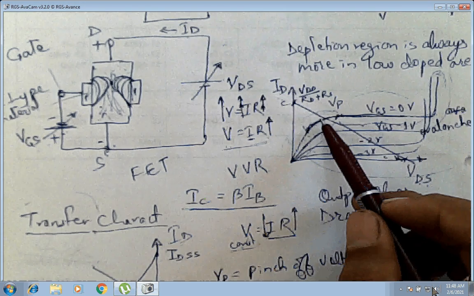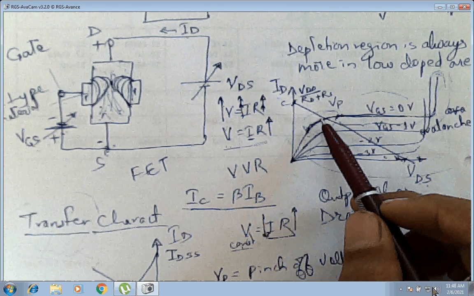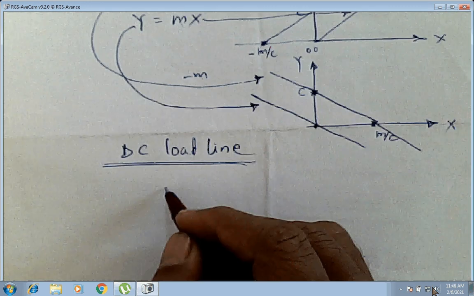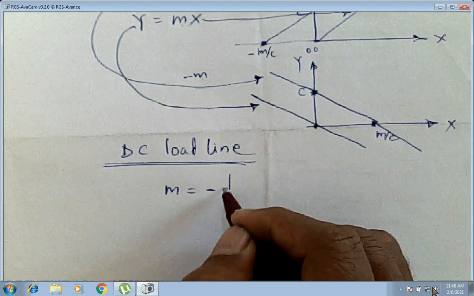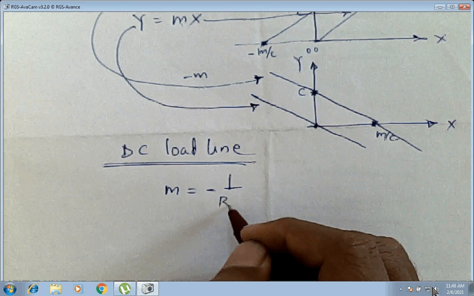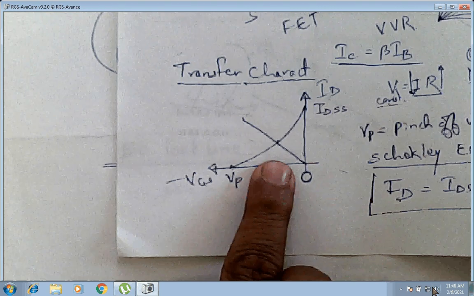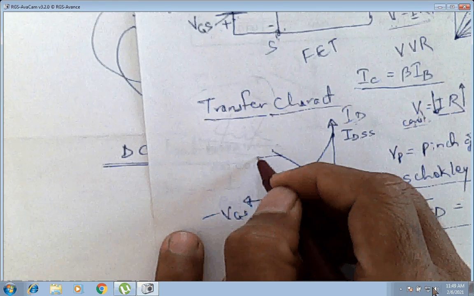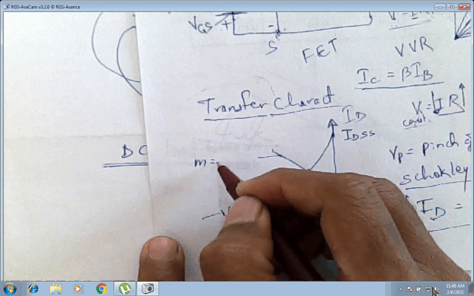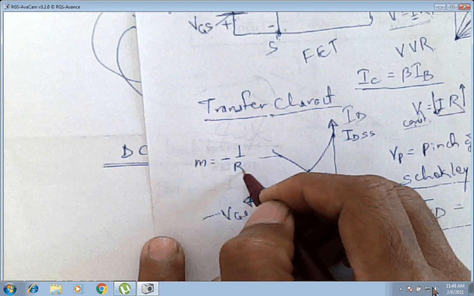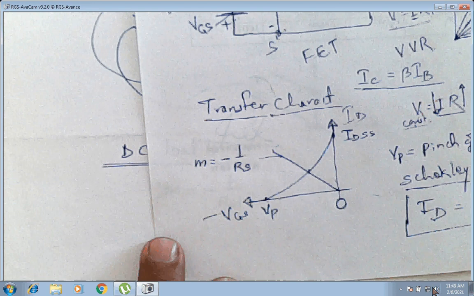In both cases I'll tell you what m is. In this case our m is equal to minus 1 upon RD plus RS, and for this line m is equal to minus 1 upon RS. This is the slope.